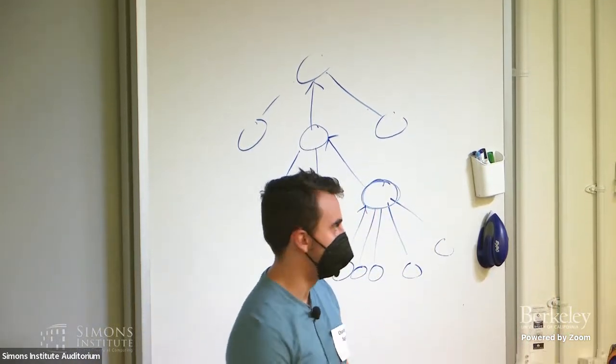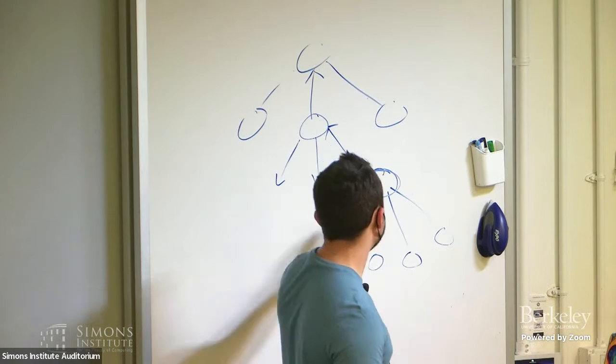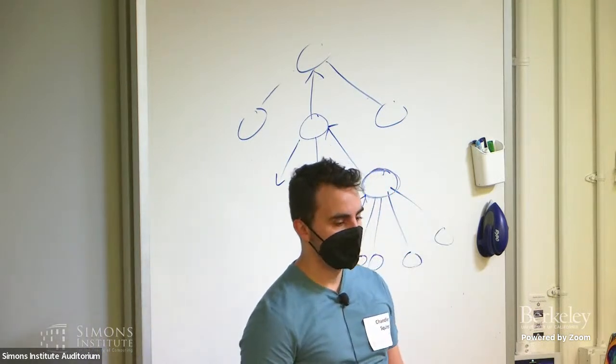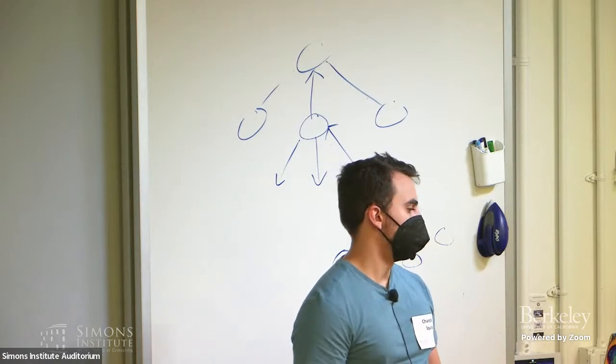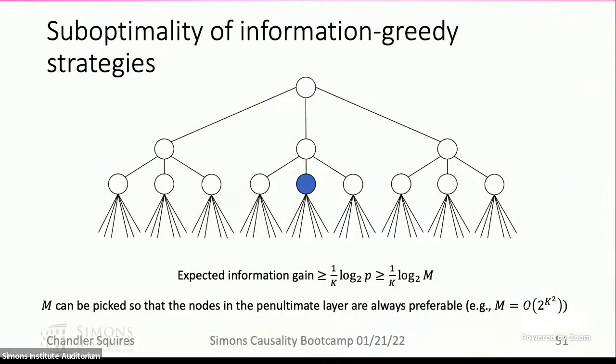And if you think of k things in the last layer, that will happen 1 over k of the time. So that's why you'll see the first term is 1 over k, and then you're getting log p bits of information.